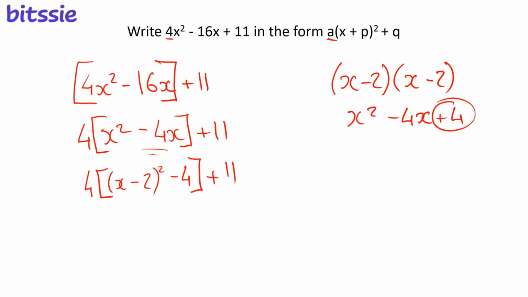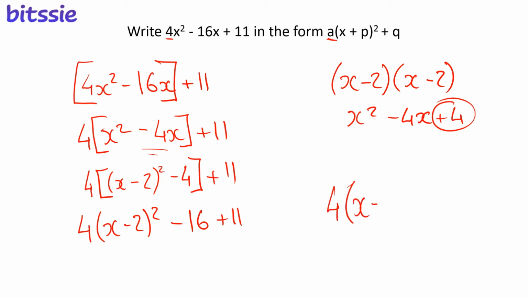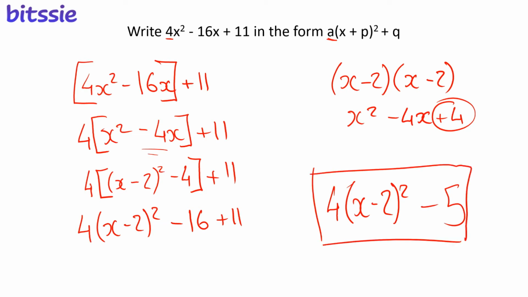And then we remove the square brackets, meaning we multiply everything inside by 4 again, giving us 4 times x minus 2 all squared minus 16 plus 11, which then simplifies to 4 times x minus 2 all squared minus 5. Hence our answer.